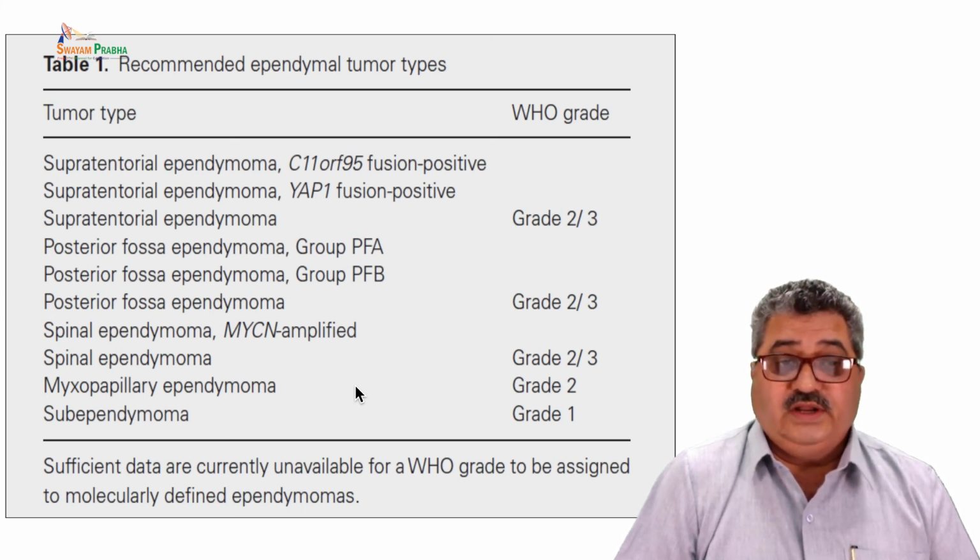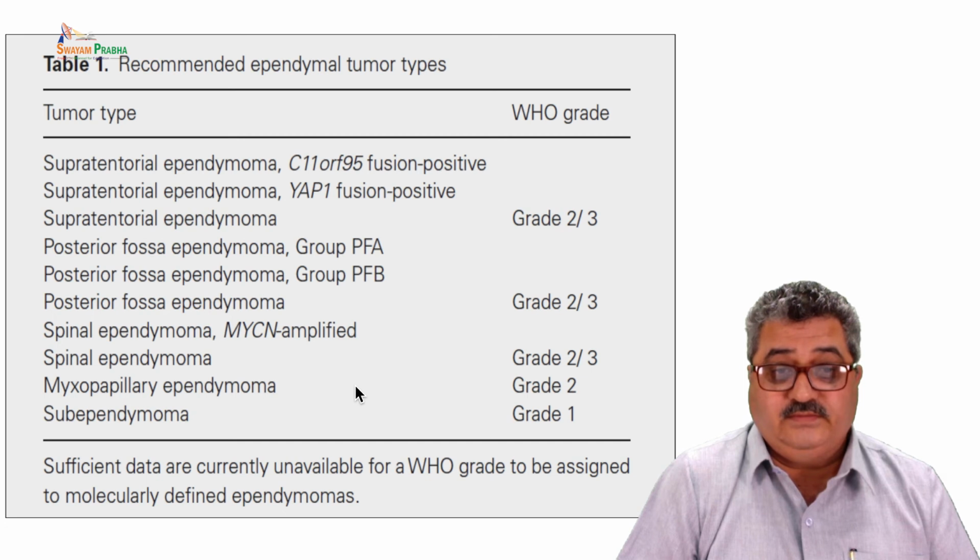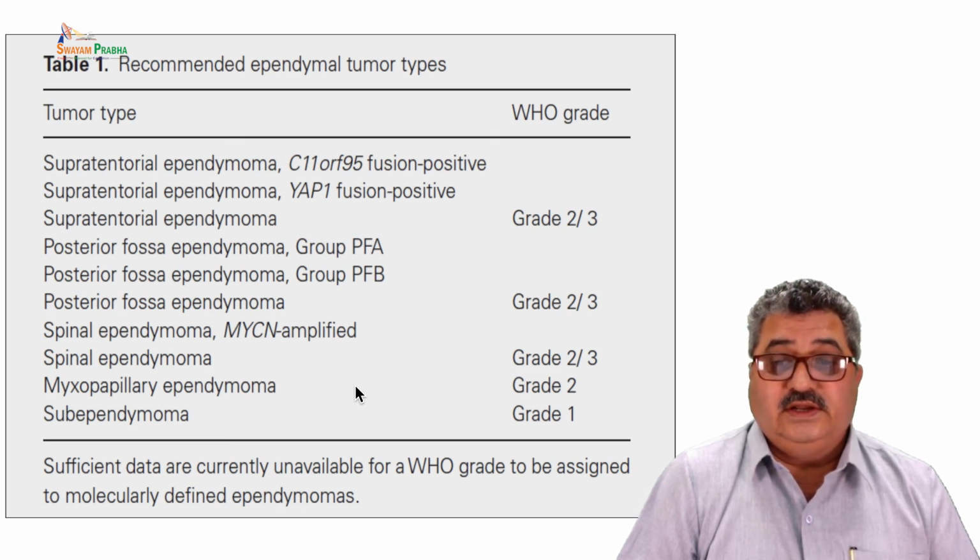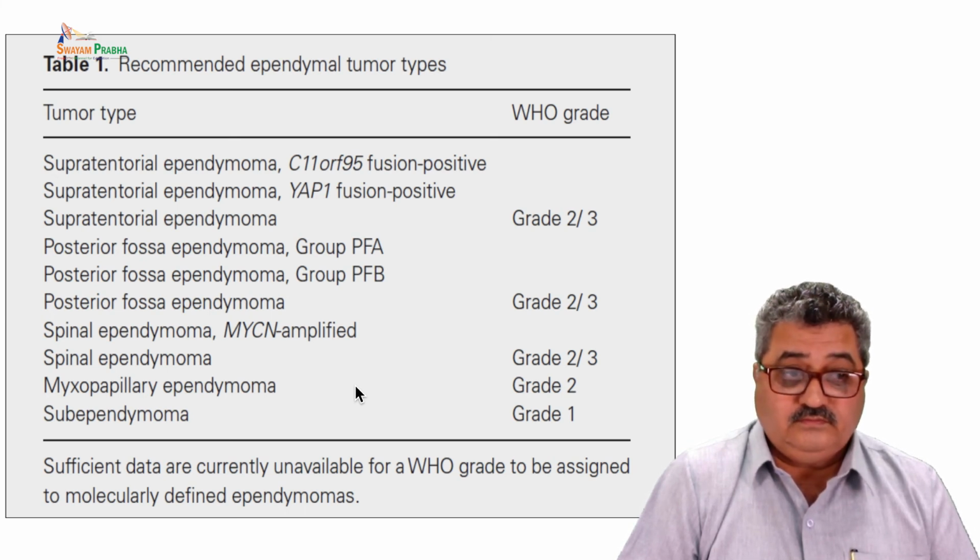If both are negative, then one can give the grade for supratentorial ependymoma as grade 2 or grade 3. The same is true in the posterior fossa. If H3K27me3 is lost, it is PFA. If it is intact, it is PFB. And any tumor which is not showing this loss or gain should be graded as grade 2 or grade 3.